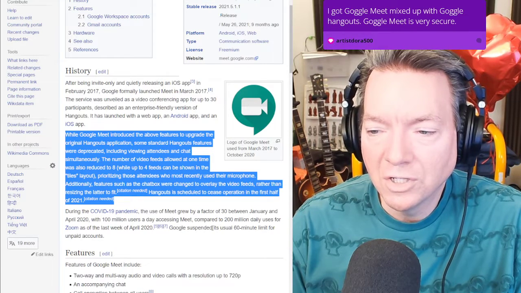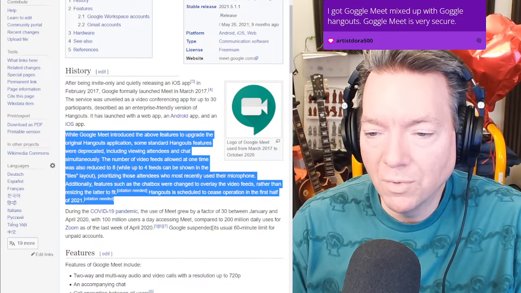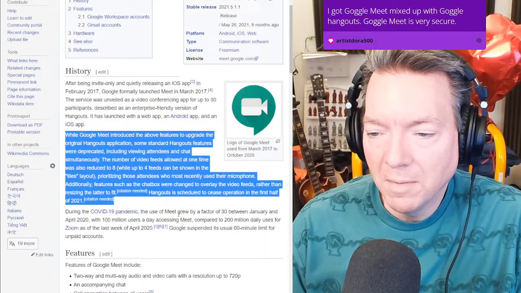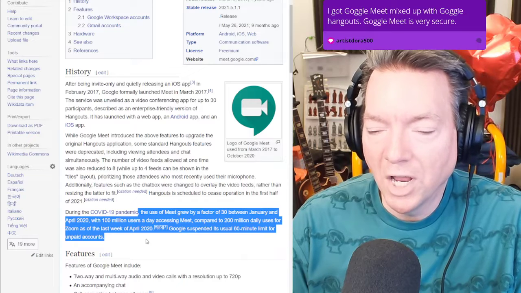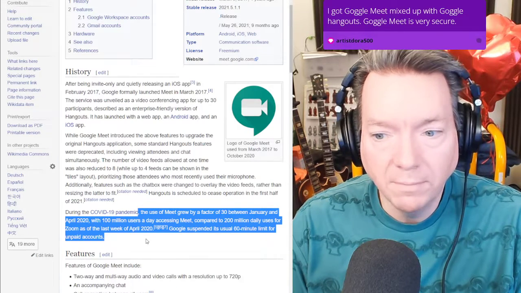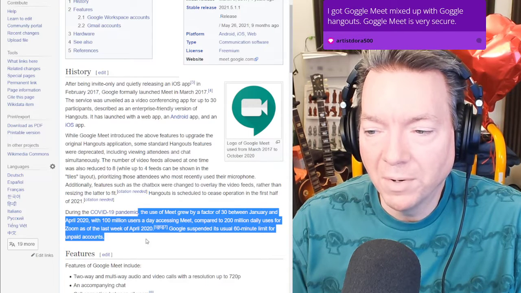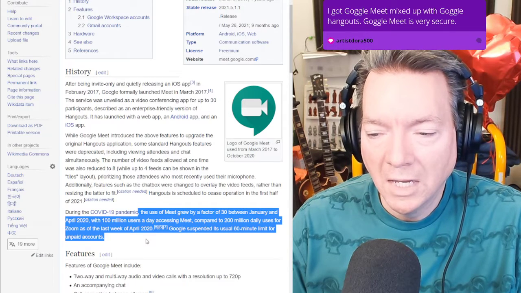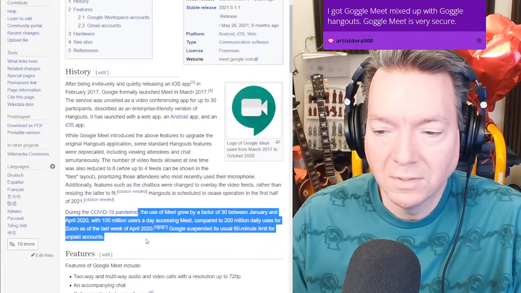Additionally, features such as the chat box were changed to overlay the video feeds rather than resizing the latter to fit in it. During the COVID-19 pandemic, the use of Meet grew by a factor of 30 between January and April of 2020, with 100 million users a day accessing Meet compared to 200 million users daily for Zoom as of the last week in April 2020. Google suspended its usual 60-minute limit for unpaid accounts.